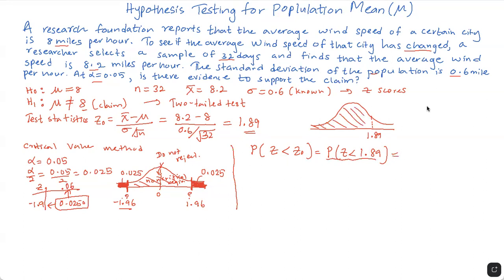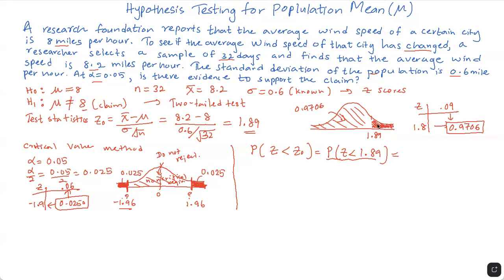If you look at the z table, you will see 1.8, and the second decimal place is 9. Then you will see the area is 0.9706. So then this area is 0.9706. But we need the tail, right? The p-value represents tails of the distribution.